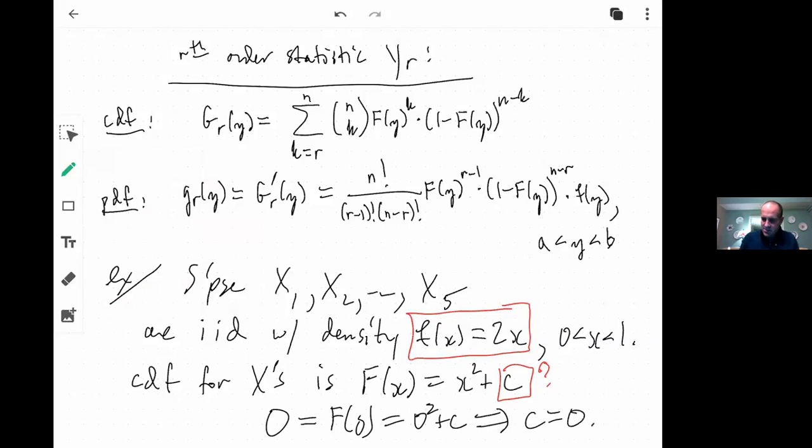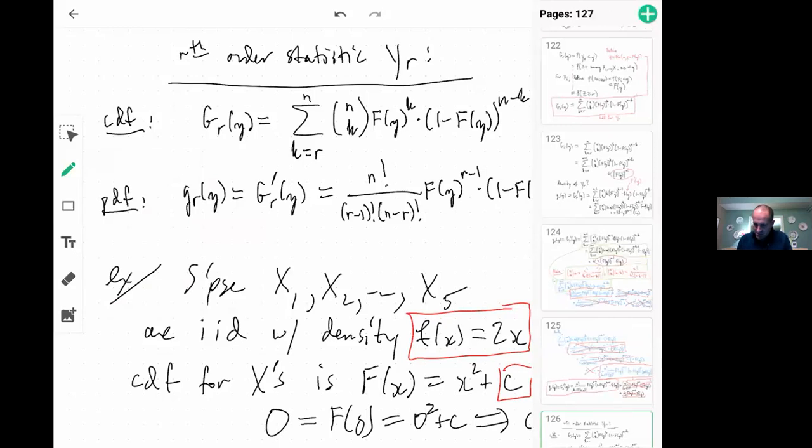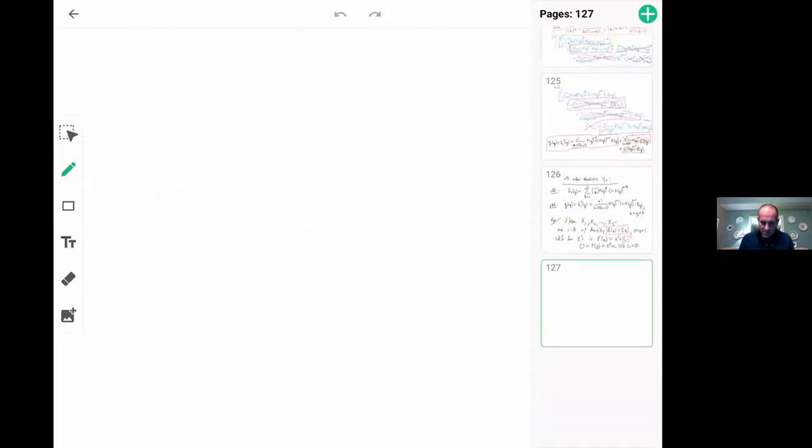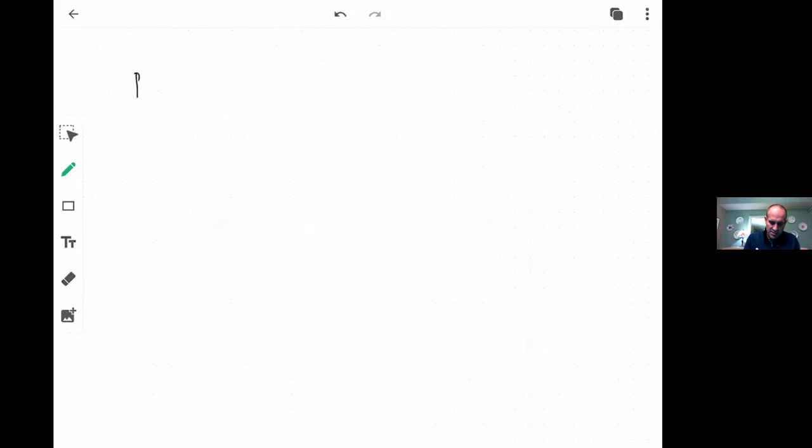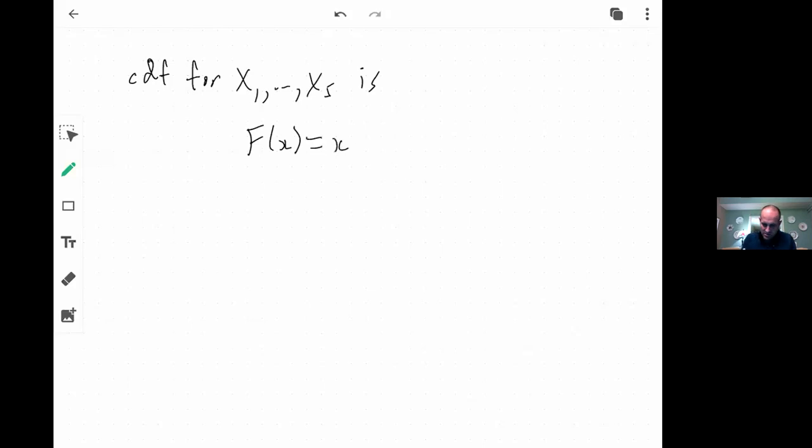So that tells us that the CDF, cumulative distribution function, for x1 through x5 is capital F of x equal to x squared for 0 less than x less than 1.